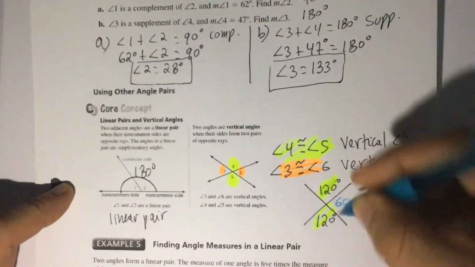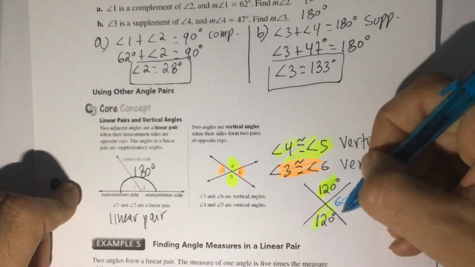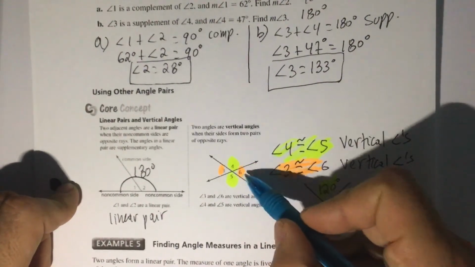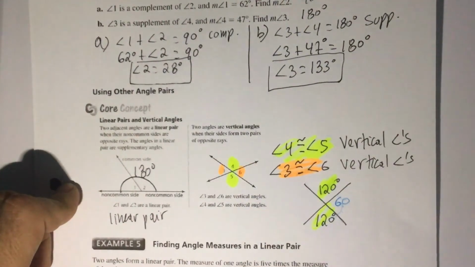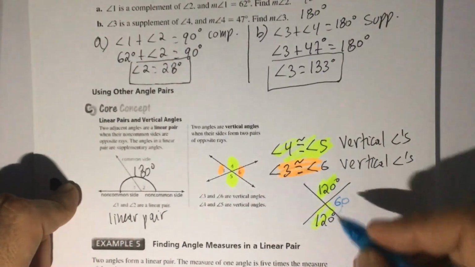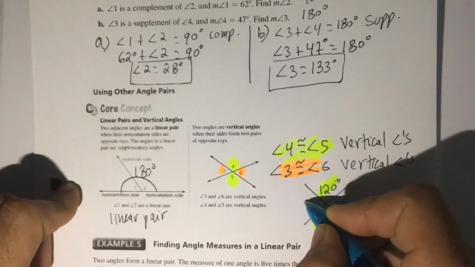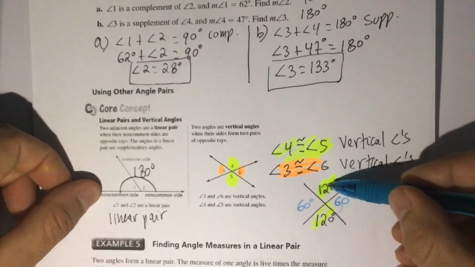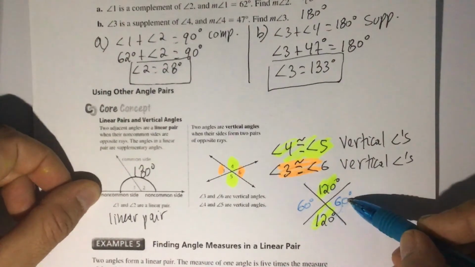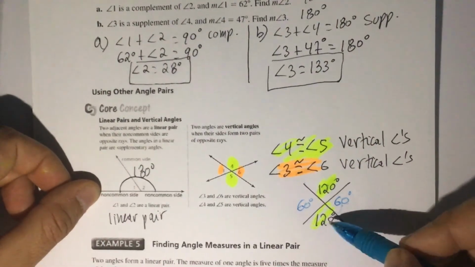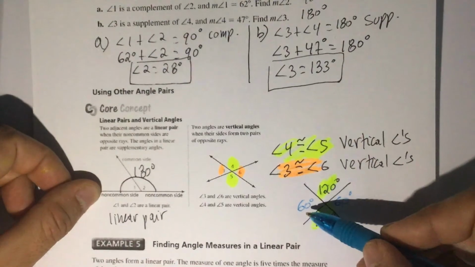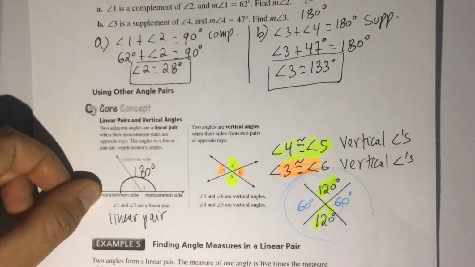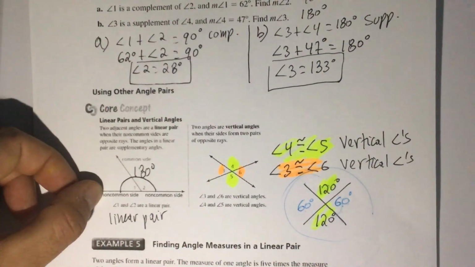It has to be 60 because this angle and this angle form a linear pair. See? The orange and yellow form a linear pair, forming 180 degrees. So this is 60, and guess what? The one across is 60 degrees. So you guys notice 120 plus 60 is 180, 60 plus 120 is 180, 120 plus 60 is 180, 60 plus 120 is 180, and if you add them all up together, you have a circle which is 360 degrees.